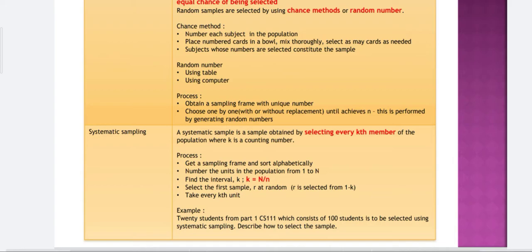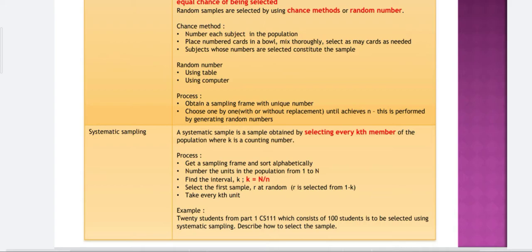Tak kisahlah nak select nombor 2 ke, nombor 3 ke, nombor 4 ke, nombor 1 ke, nombor 5 ke, tak kisah. Contohnya first sample kita select number 2. Kan number 2 boleh select sebab daripada 1 hingga 5, pilih mana-mana number sebagai first sample. So kita pilih nombor 2 contohnya. So means that the second person will be our first sample.